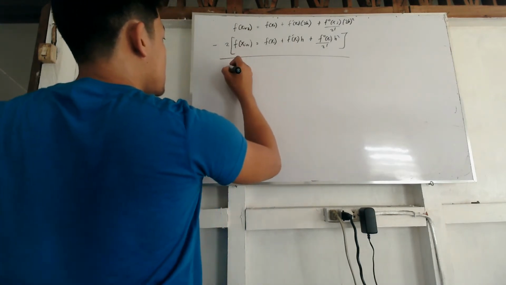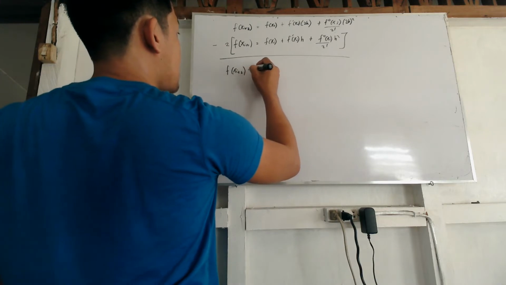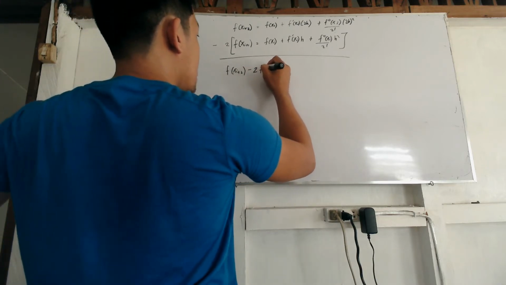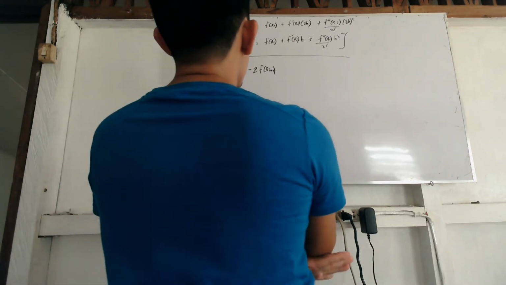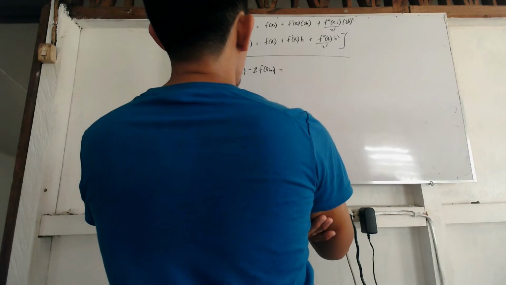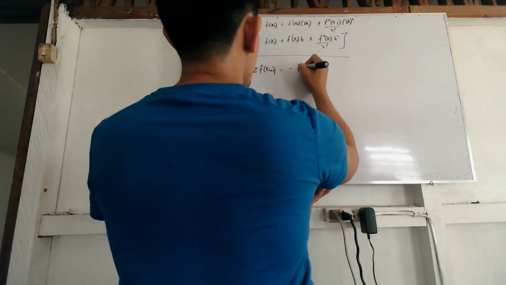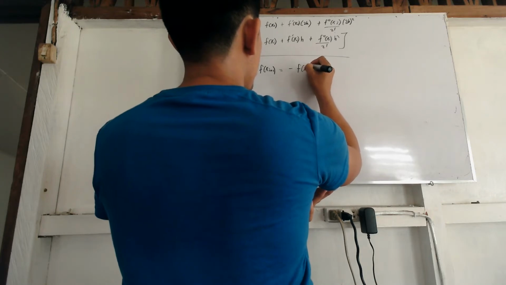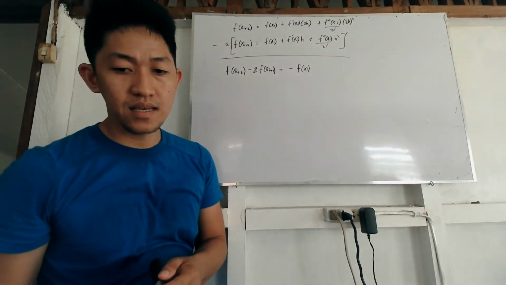So this becomes minus 2 f of x i plus 1, and then this becomes equal to negative f of x i. Okay?